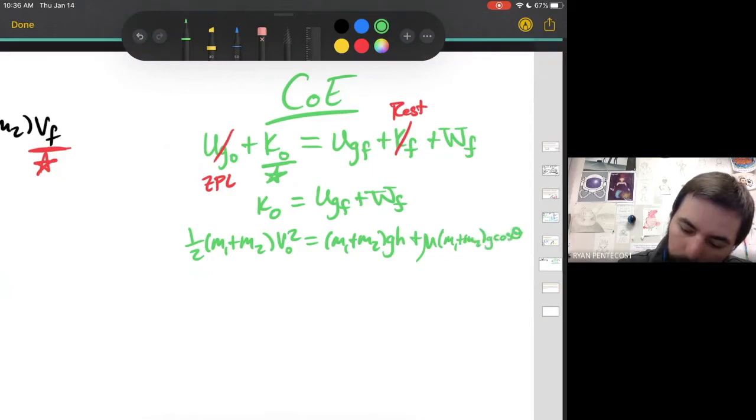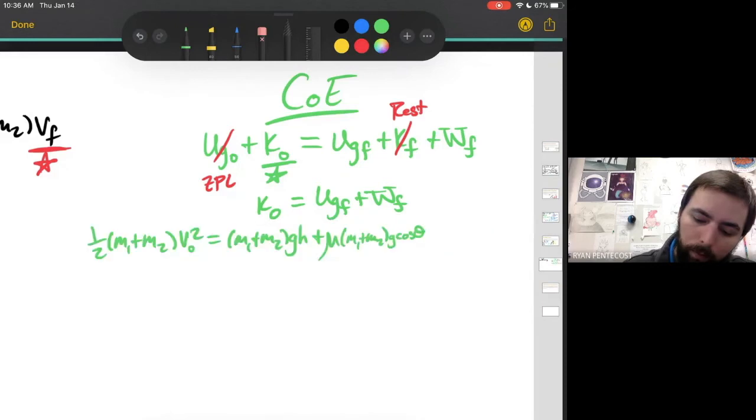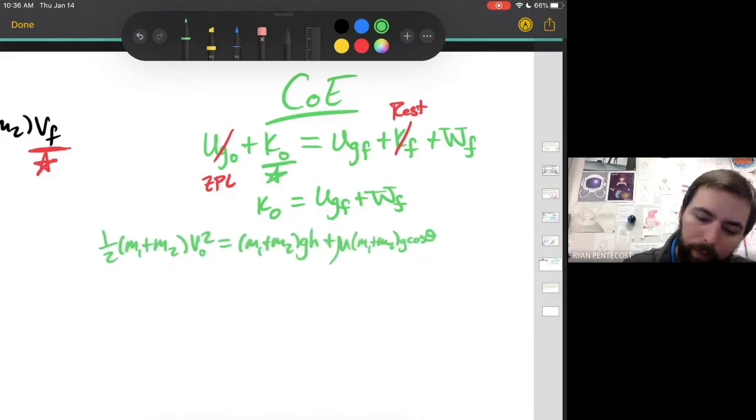g cosine theta. Darn, don't you hate it when you run out of space? Move you over. Then, so that's your mu, that's your N, then your d, the distance, is 1.5 divided by sine theta.